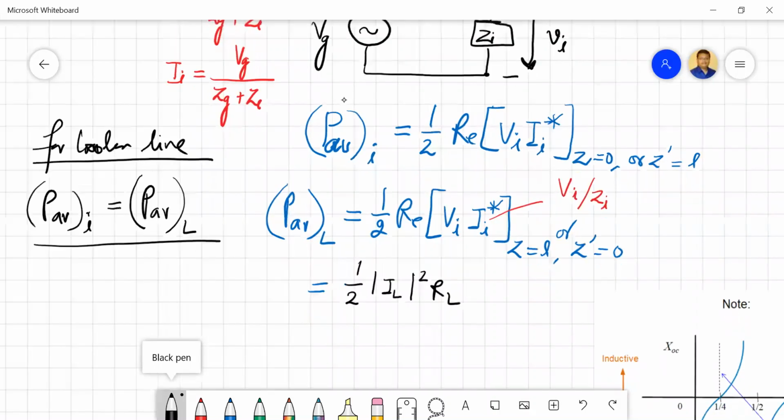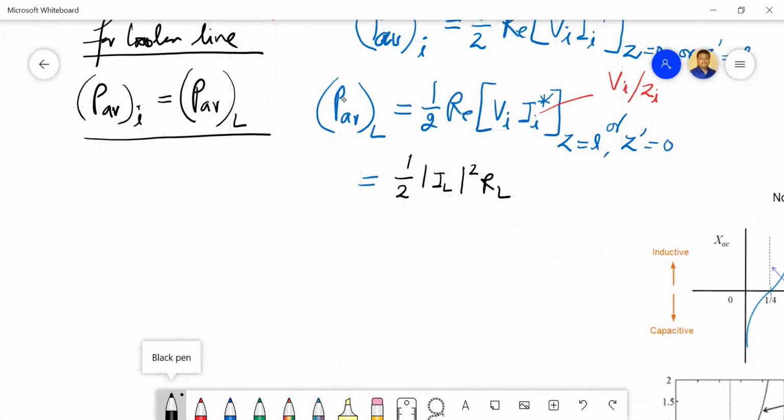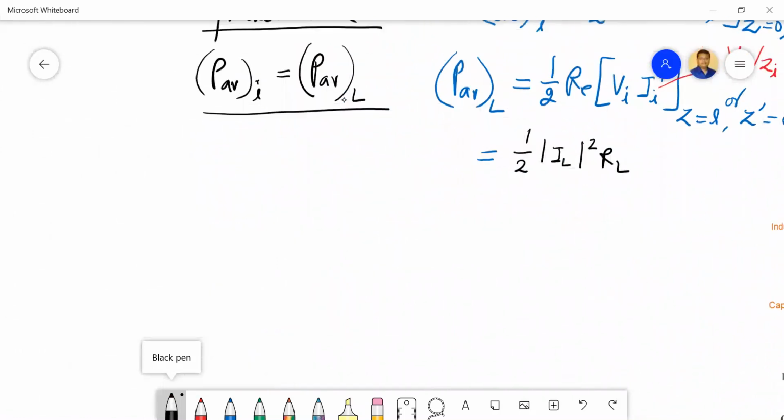From the expression itself, one can find these relations and the power estimations. Now, let us take some special cases here.